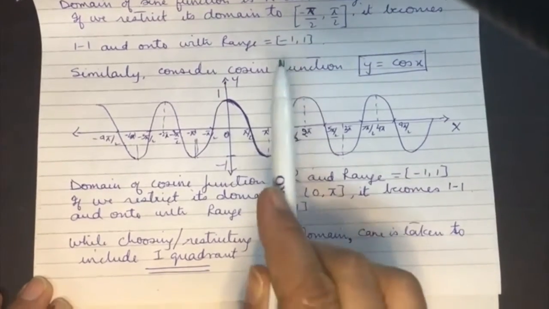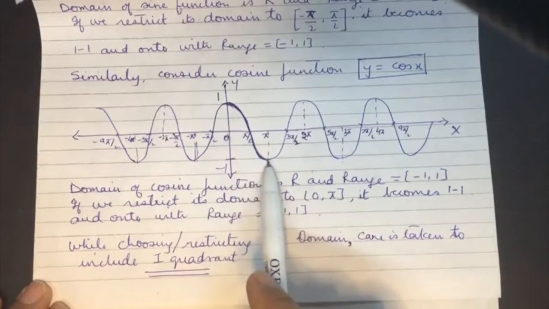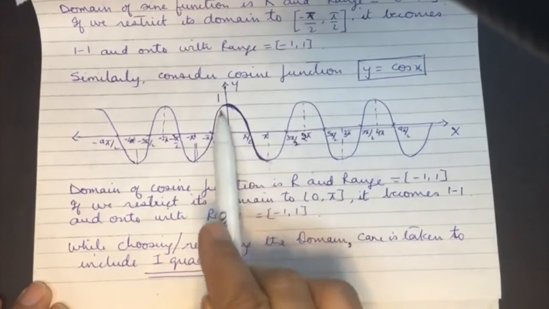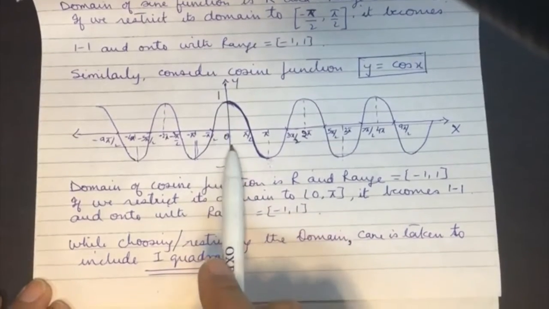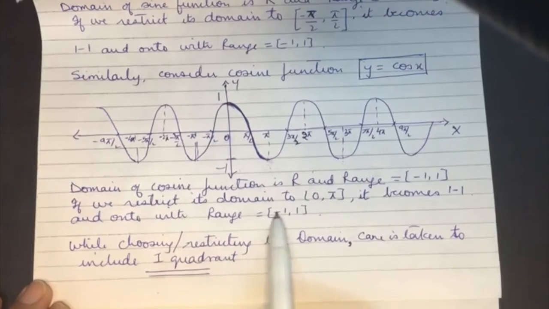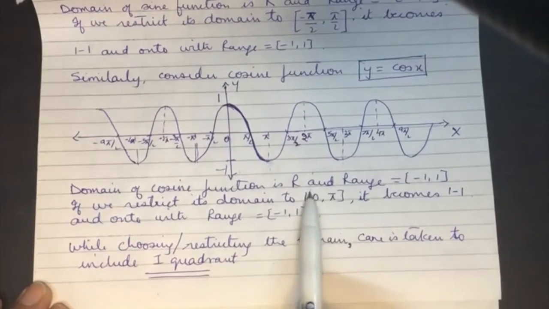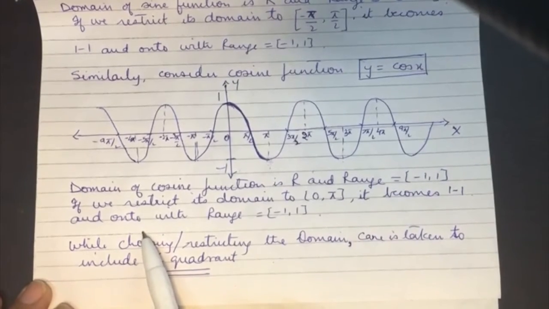Again, as I mentioned earlier, we prefer taking that branch which takes into consideration the first quadrant, and so in the case of cos, we restrict the domain to 0 to pi, and then it becomes 1-1 and onto.